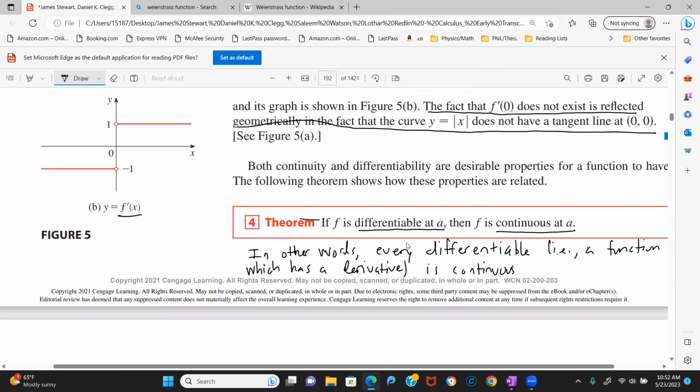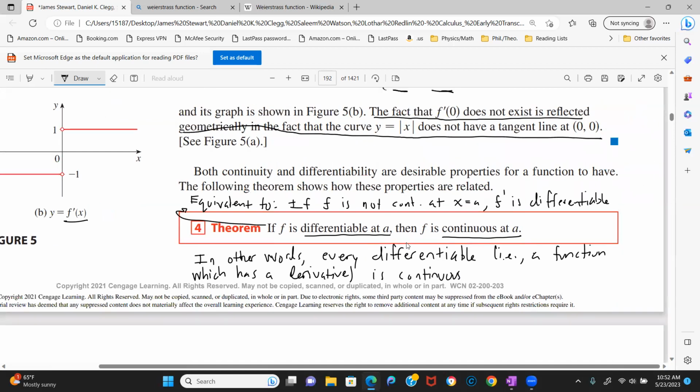This statement is equivalent to the following: if f is not continuous at x equals a, then f is not differentiable at x equals a.